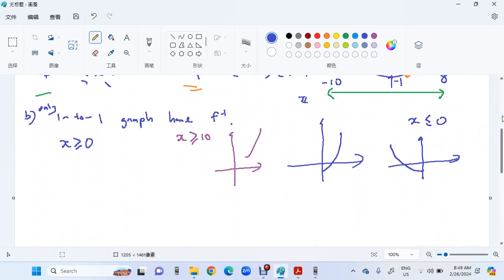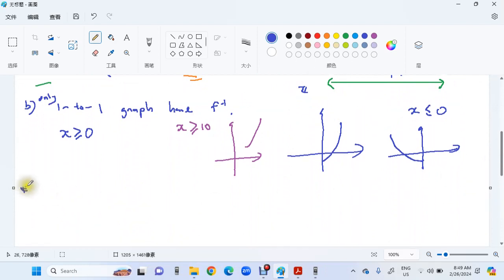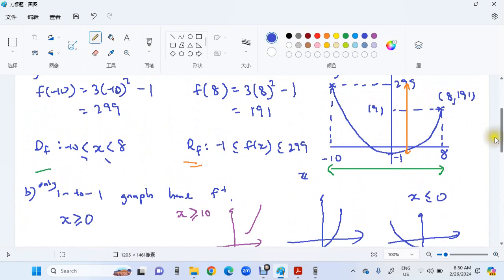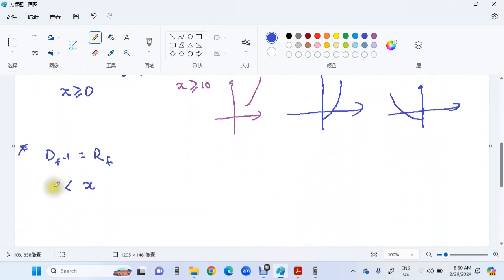If we want to find the domain for f inverse, it will be the range of f. So the domain for f inverse will be x between negative 1 and 299.